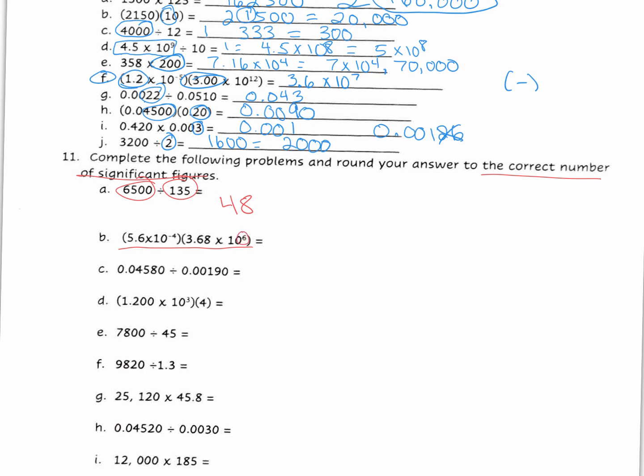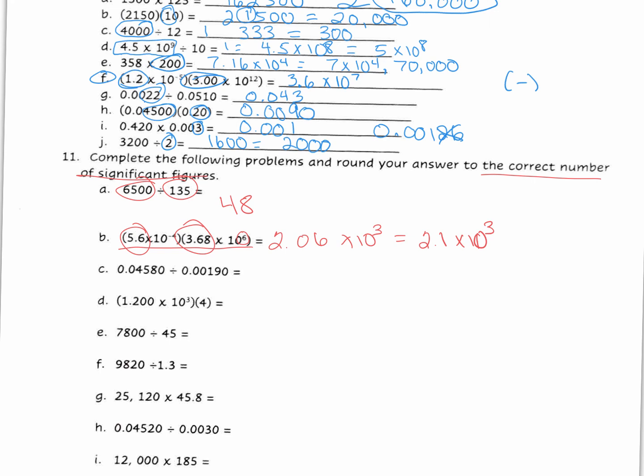Right, that's that right there. And then hit enter, and I get 2.06 times 10 to the 3rd. So how many digits can I keep? I've got 2 here, 3 here. I can only keep 2. So this is going to become 2.1 times 10 to the 3rd.